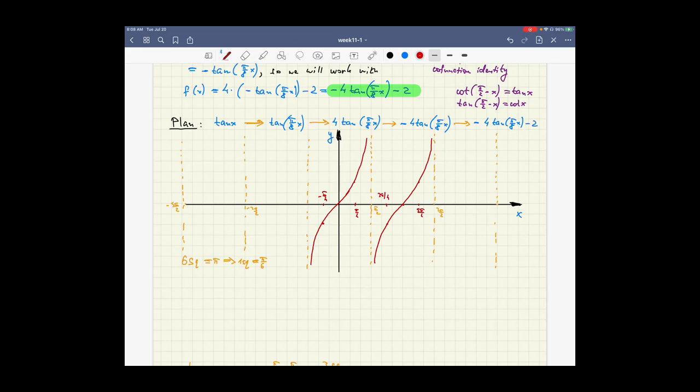These are points pi plus 2 pi plus minus pi over 4, so 9 pi over 4 and 7 pi over 4.